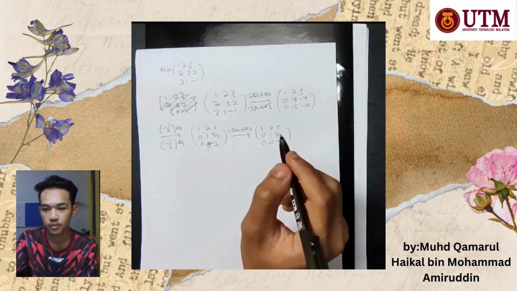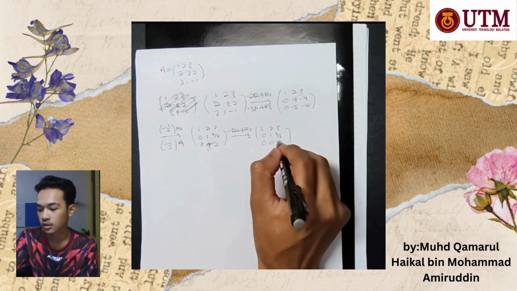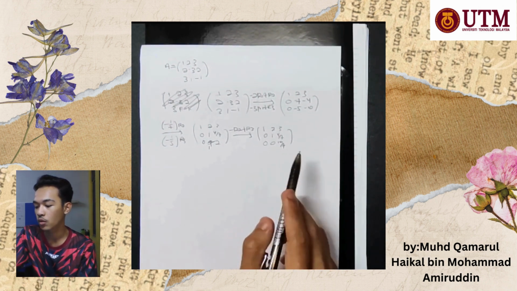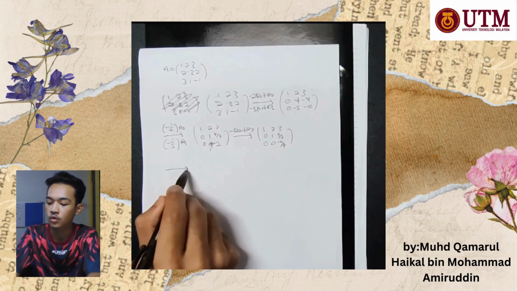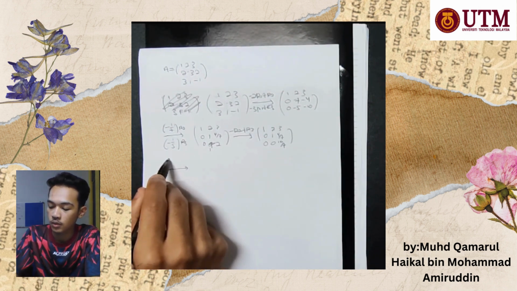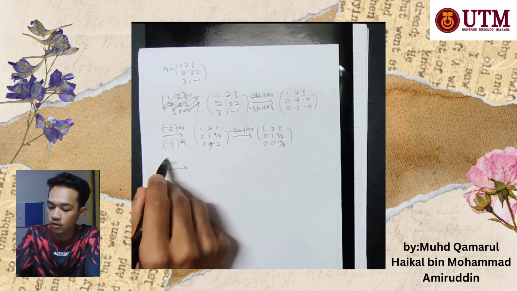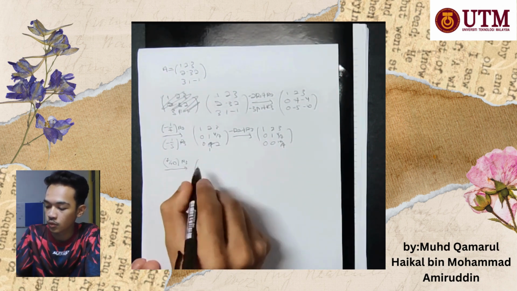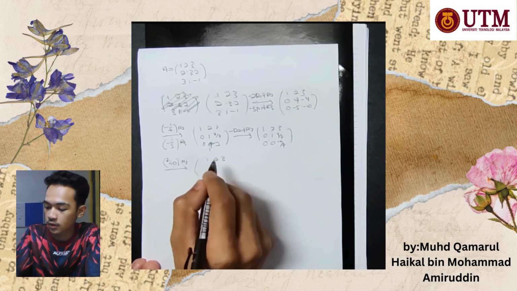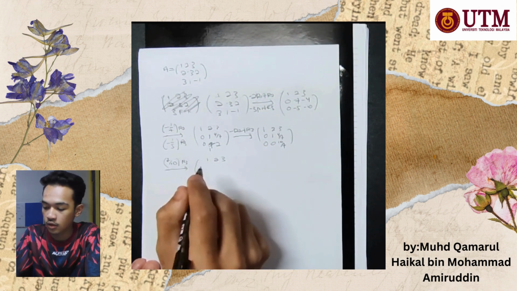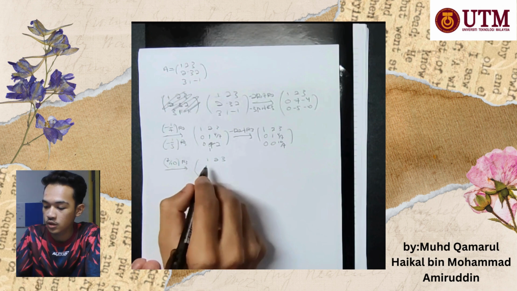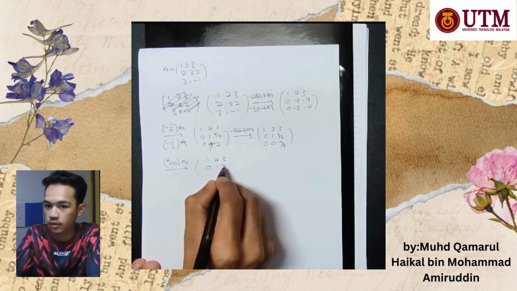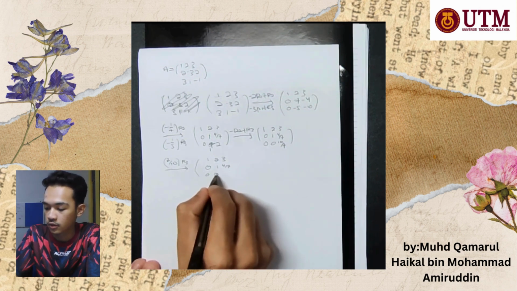The last step is we want this 10 over 7 to become 1. So we must multiply 7 over 10 with R3. We get the answer. The answer for question 1, the echelon matrix, is 1, 2, 3, 0, 1, 4 over 7, 0, 0, 1.